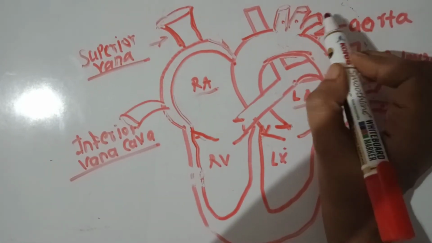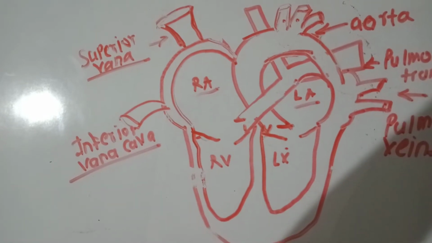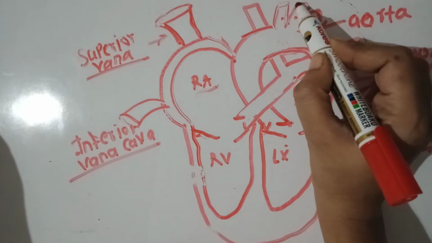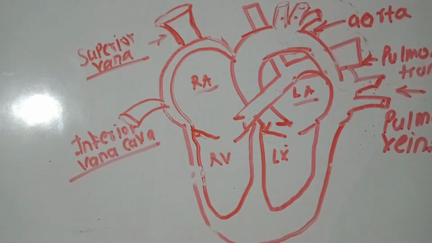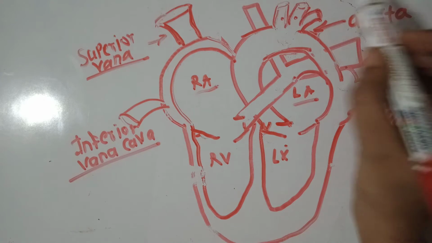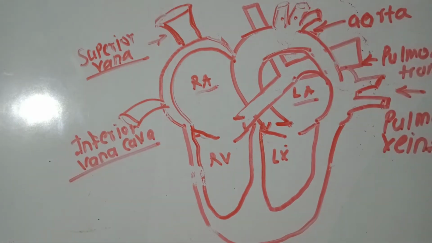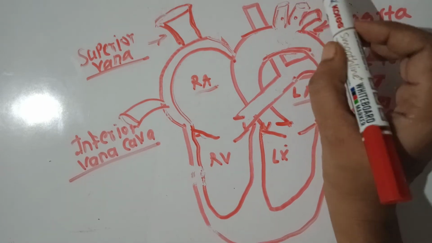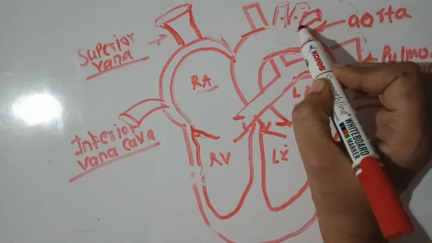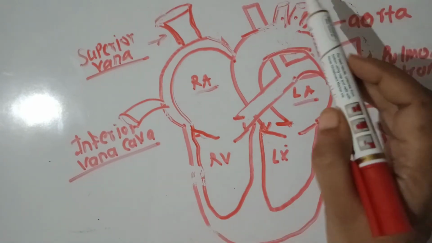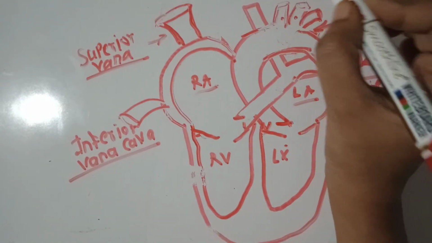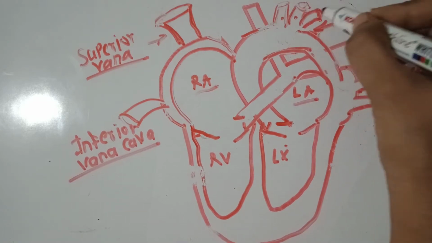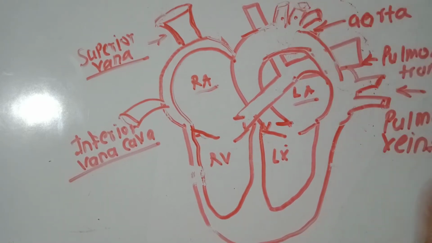Subclavian provides the blood to your upper limbs. And brachiocephalic provides the blood to your head and neck part. So the aorta branches into these following arteries.